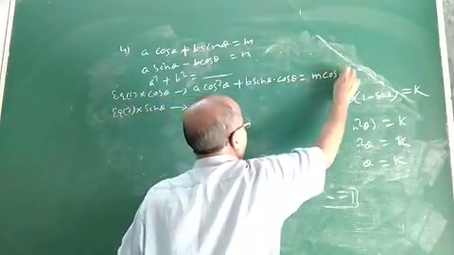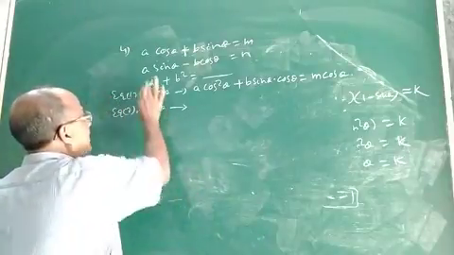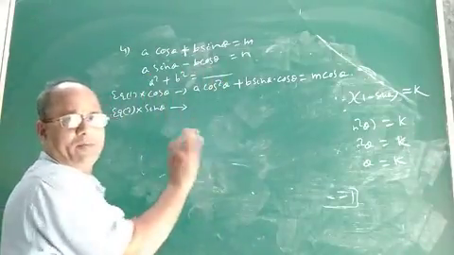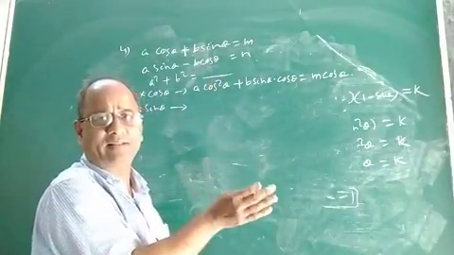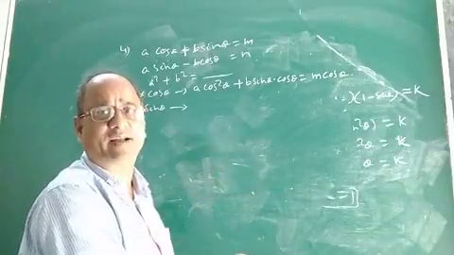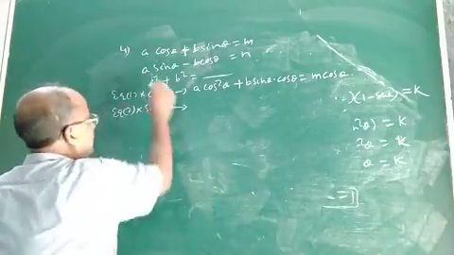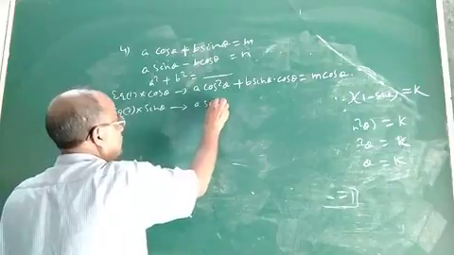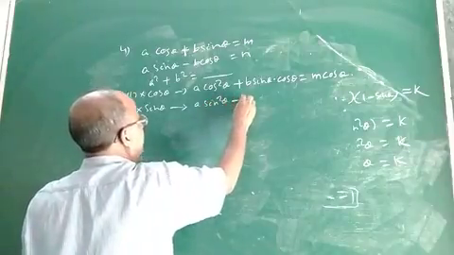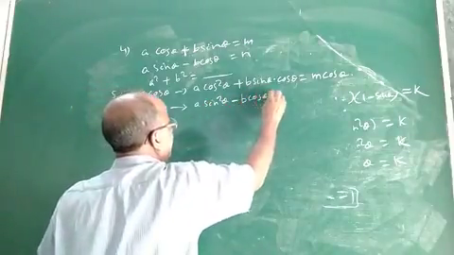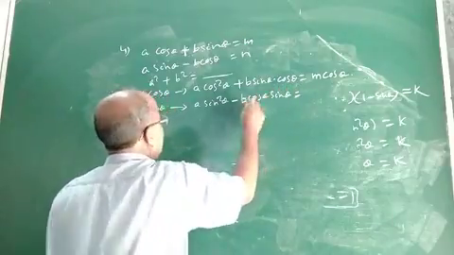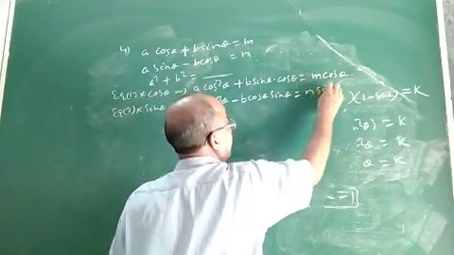equal to m cos theta. Now if you multiply sin theta to equation 2, you are multiplying sin theta to the left hand side and the right hand side of the equation. Now it will give you a sin square theta minus b cos theta sin theta equal to n sin theta.